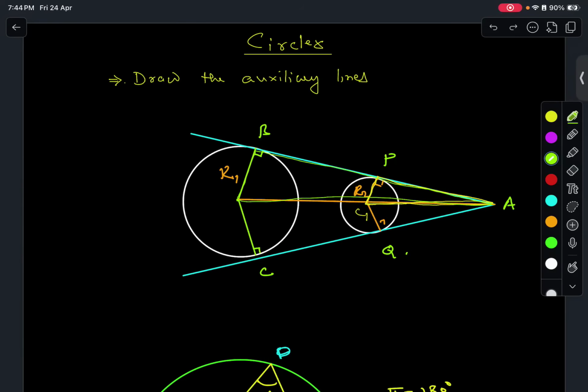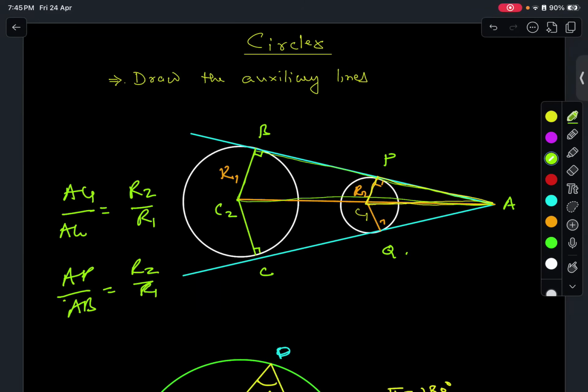Similar means all the ratios will be the same. So I can say from point A, A C1 upon A C2 will be the same ratio as R2 by R1. Or I can say AP by AB is equal to R2 by R1. In both ways we can say.